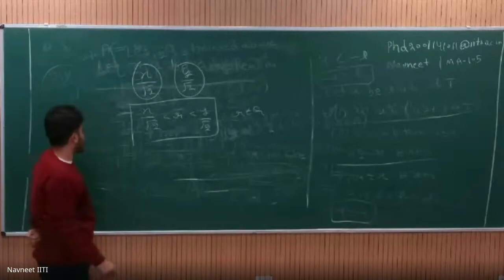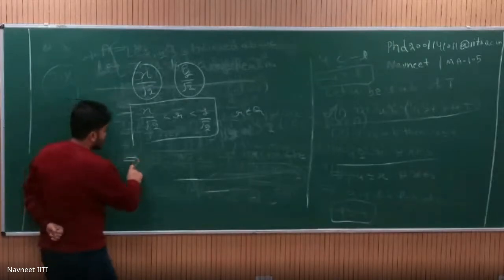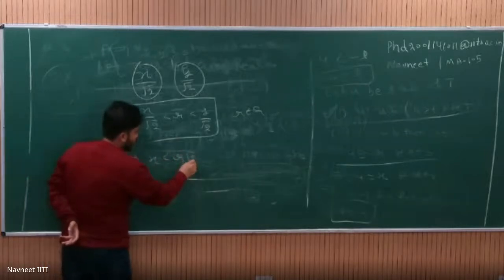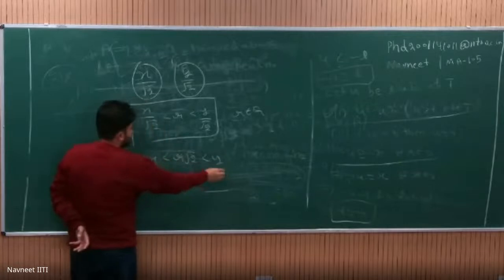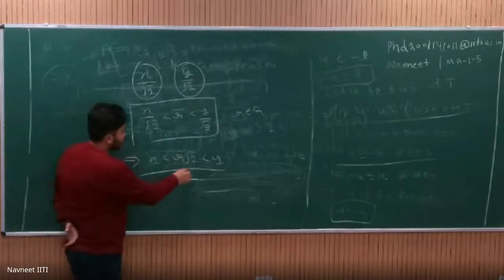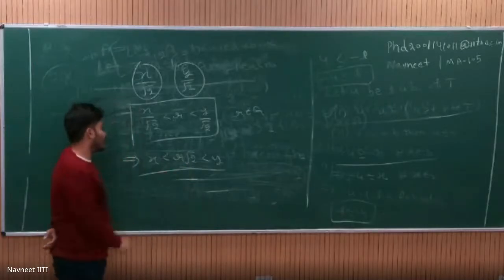Okay. Now this will imply, multiplying both sides by root 2, x is going to be less than r root 2 and less than y. This point is clear or not? And r into root 2 is rational or irrational?